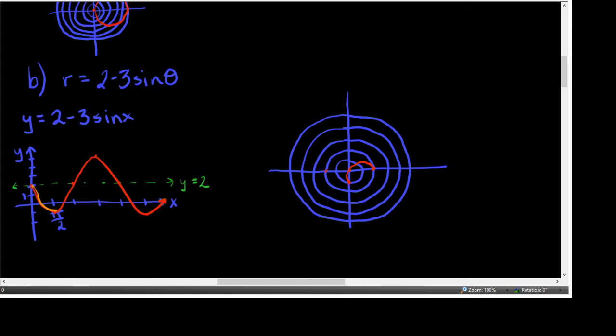Well, what happens is, again, there's an x-intercept, so we've got negative values as we go from pi over 2 to pi, negative values to start with, which are over here in the quadrant behind the other side of it, the one that's pi away from it, until we go through the x-axis, which is the pole, and then the r increases and increases and increases until you get to 2.